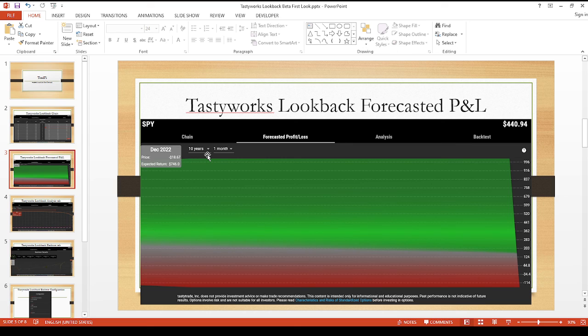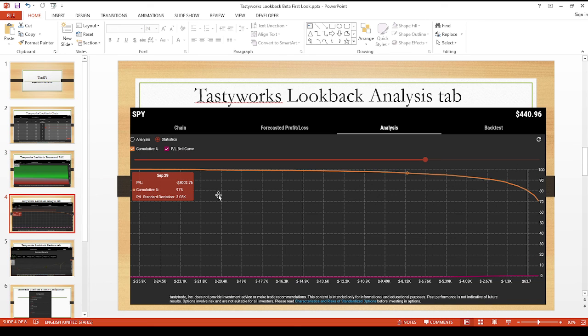I'm not totally sure what the 10-year and the 1 month options do, but you can play with the different date ranges. I'm hoping in a future episode they'll explain this in better detail. But I think this is similar to the analysis tab, where it shows where you expect to break even, and where your potential profit area and loss area would be.